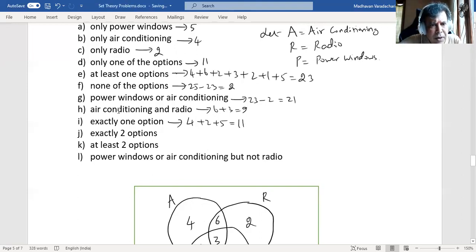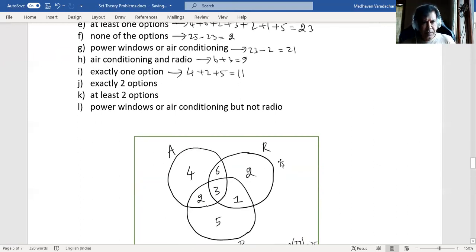Only one of the options or exactly one of the options, these two are same, right? Exactly two options means I should add this 2, 6, and 1, which is 8 plus 1, 9.